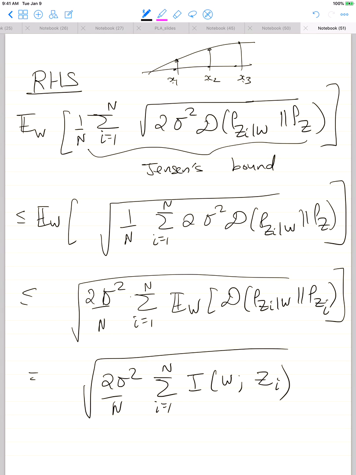So that allowed them to get this result. Since then, many other variations have been developed just by a clever application of the Donsker-Varadhan lemma. So here is a more general bound.